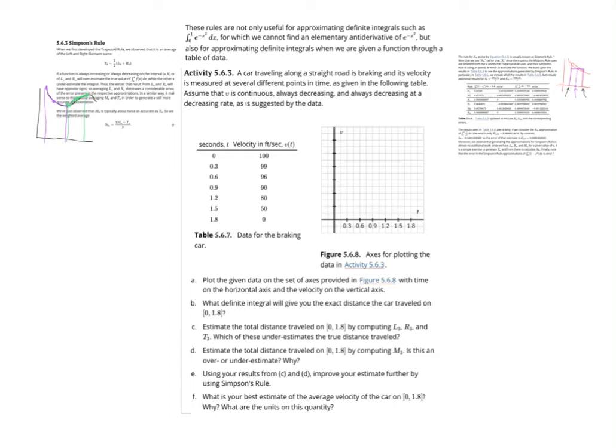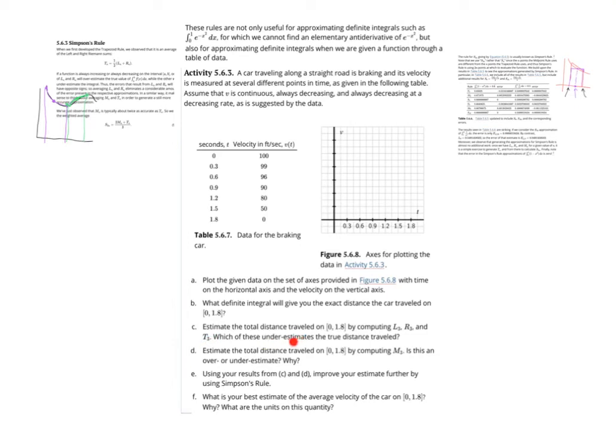You're going to plot these points on your own graph paper, paying attention to scale, of course. Then the next thing will be to get a definite integral. You're going to have to do that somehow. Then estimate the total distance by computing L3, R3, and T3.